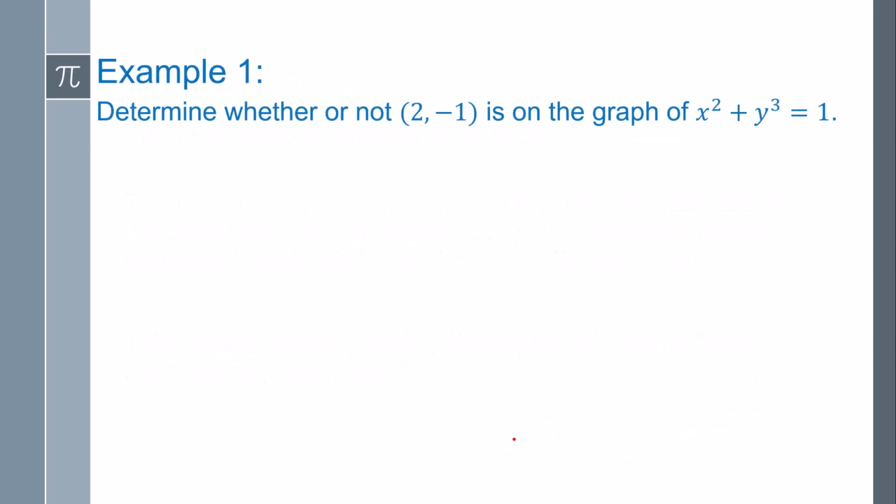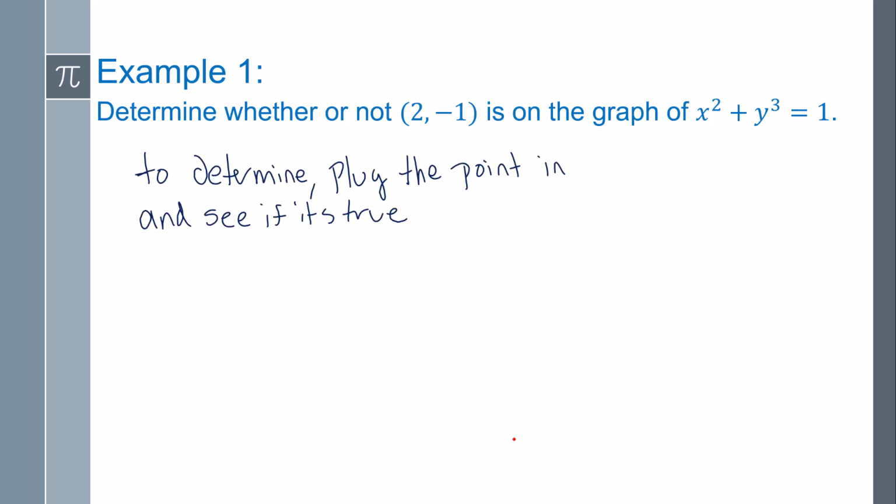So let's determine whether or not 2, negative 1 is on the graph of x squared plus y to the third equals 1. The way you verify it is you plug it in and see if it's true or false. So we plug in 2 for x and negative 1 for y. 2 squared is 4, and negative 1 cubed, negative 1 times negative 1 times negative 1, gives you negative 1. 4 and negative 1 get you 3.